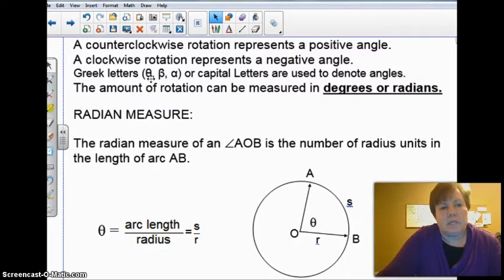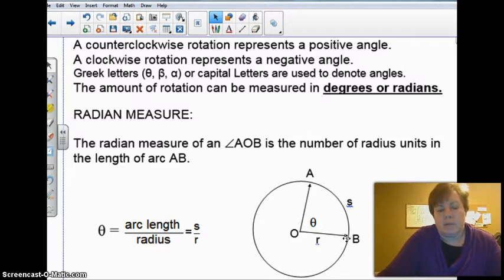And we use these Greek letters, theta, beta, and alpha, or we can use capital letters to denote angles. And we can measure these angles in degrees or radians. Either one is okay. A radian measure is the number of radius units in the length of the arc.